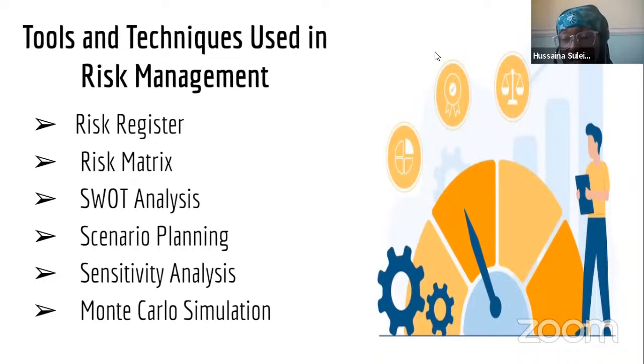Then we have threats. Those are the factors that can have a negative impact on your business or on your project. Then we have scenario planning. Scenario planning is also a very important risk management tool. It involves creating different scenarios on the possibility of a risk.